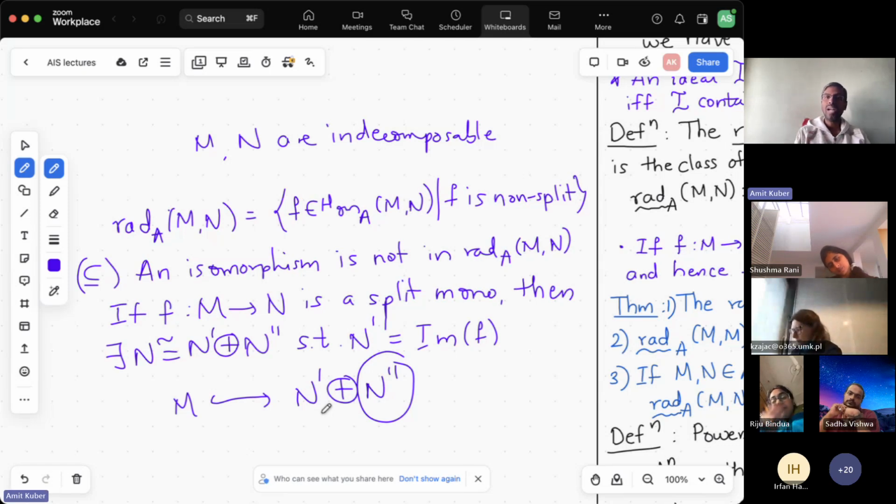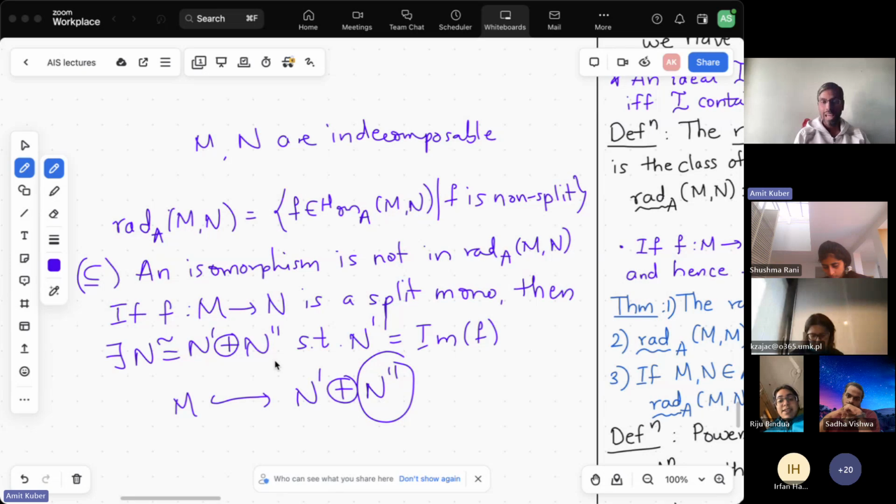What can this N double dash be? The only choice is 0. It's an injective map, so it can be 0. That's all. Okay, so N dash, which means, because N is indecomposable, that's all. So it can't be a split mono unless it is an isomorphism.